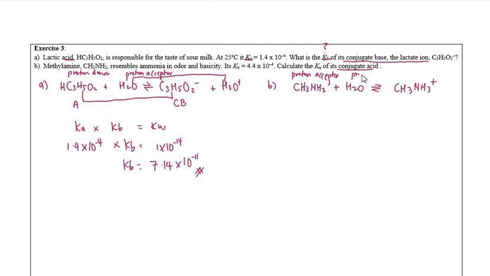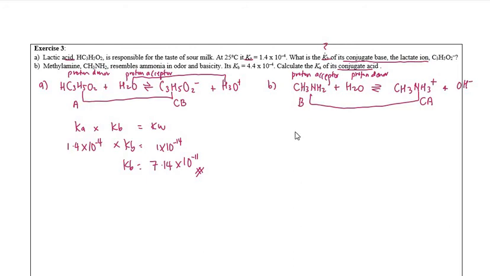This is your acid, the proton donor. H2O less one H will become OH minus. This partners with this species. This is the base, so its partner is the conjugate acid. That's why it is called its conjugate acid. That's why it has a Ka value, because it behaves as an acid, while this one behaves as a base and has its Kb.